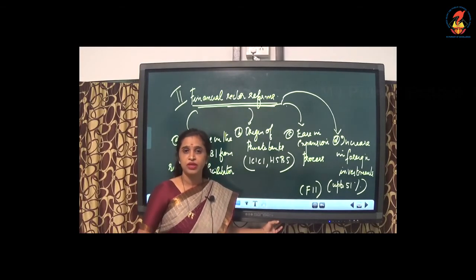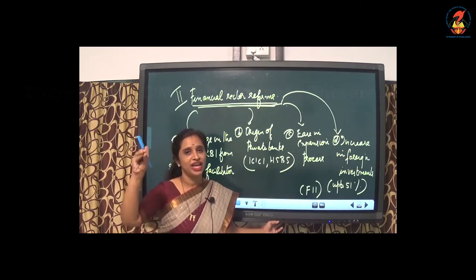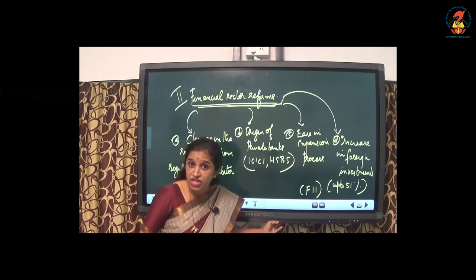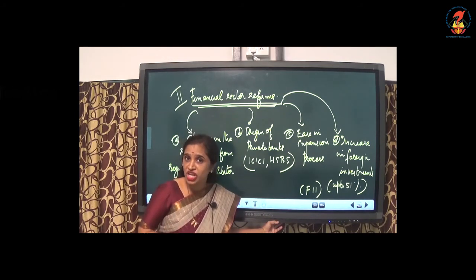Banks, financial institutions, foreign exchange market, all these come under the financial sector. So many reforms were made by the government in the economic reform period with regard to the financial sector. Let us see what all changes were made.